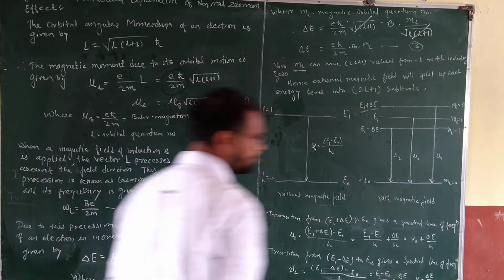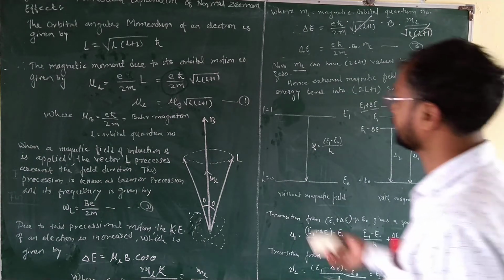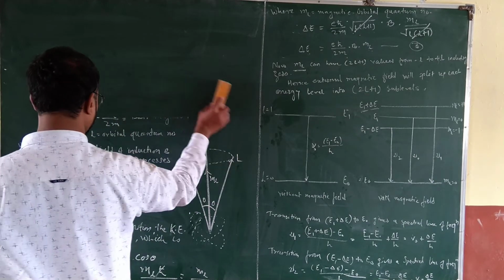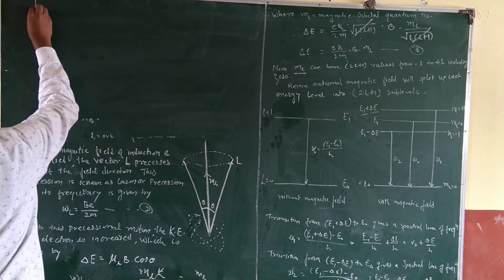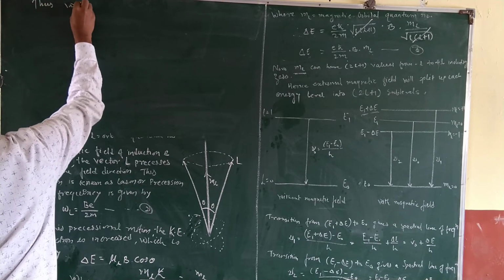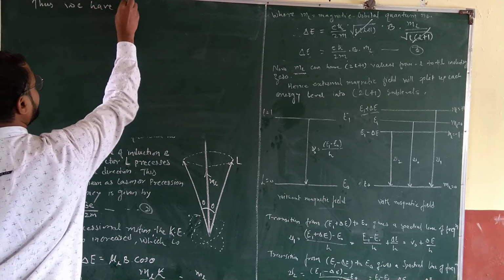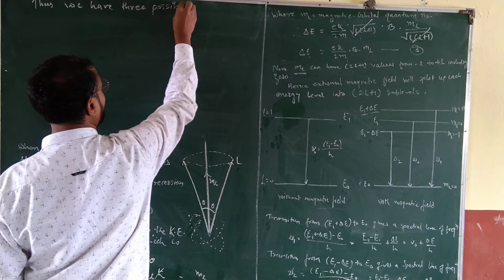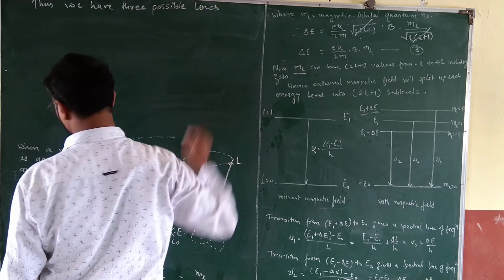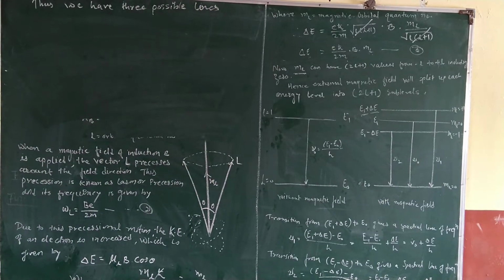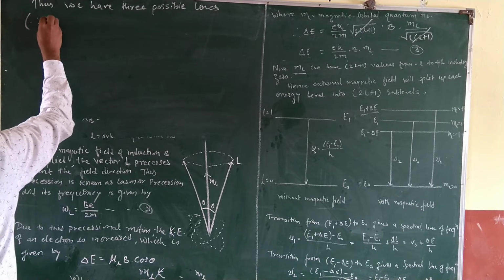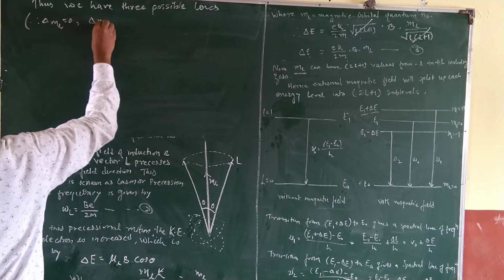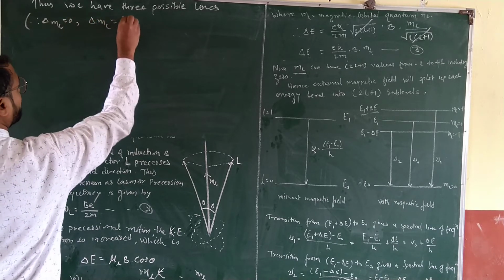Thus, we have three possible lines, that is for del ml is equal to 0 and del ml plus minus 1.